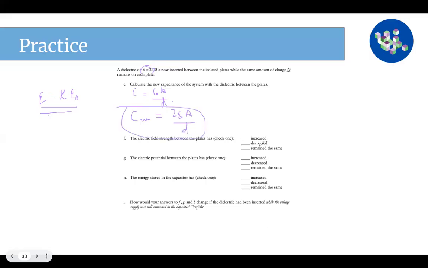Now, electric field strength between the plates has what? Electric potential between the plates has what? Energy stored in the capacitor has what? And so on. Okay, so I'll do part F first, and I'll let you guys try to figure out G, H, and I. So these are our plates.